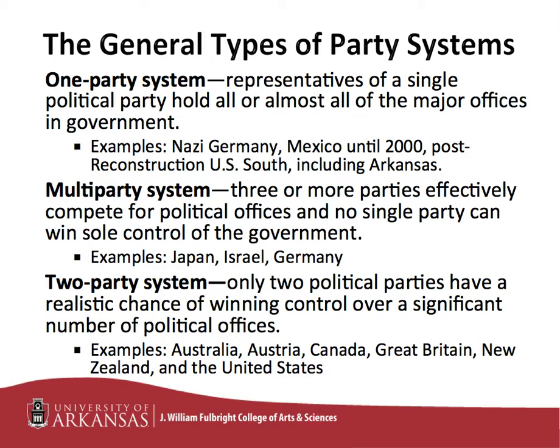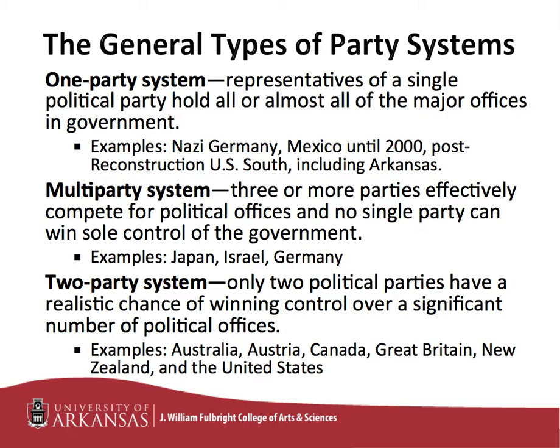Now, there's also a multi-party system, in which three or more political parties effectively compete for political offices, and there is no one single party that can win sole control of the government. We see these examples in Japan, Israel, and Germany, and oftentimes they're parliamentary systems which have different voting rules from those of the two-party systems, in which you have only two political parties that have a realistic chance of winning control over a significant number of political offices.